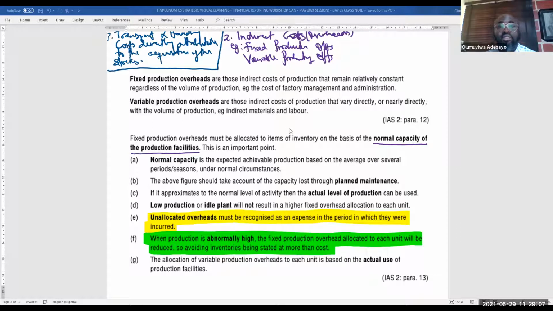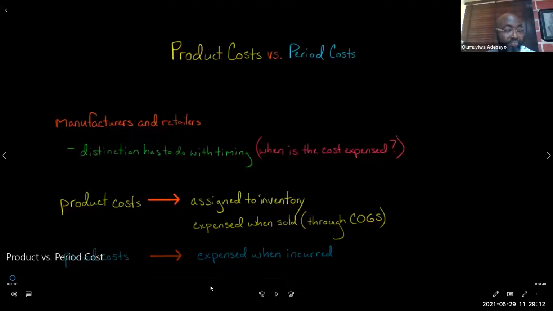I think it's not displaying. Can you guys see it now? Yes. Okay.